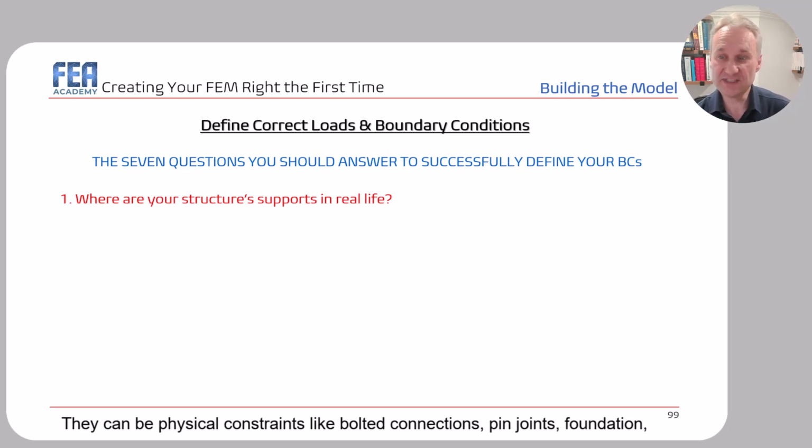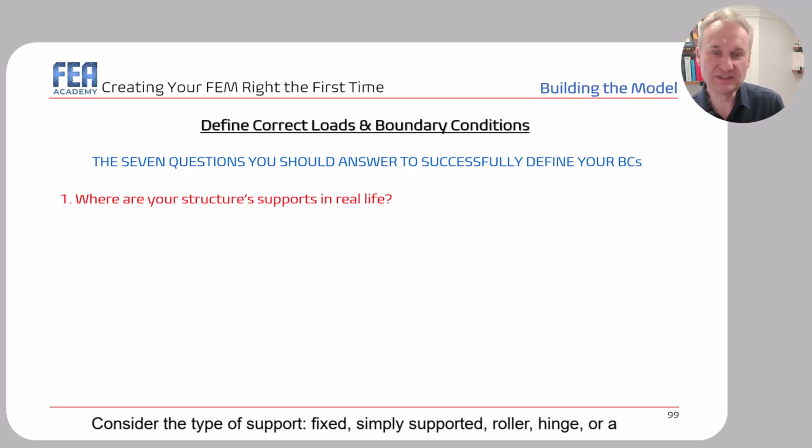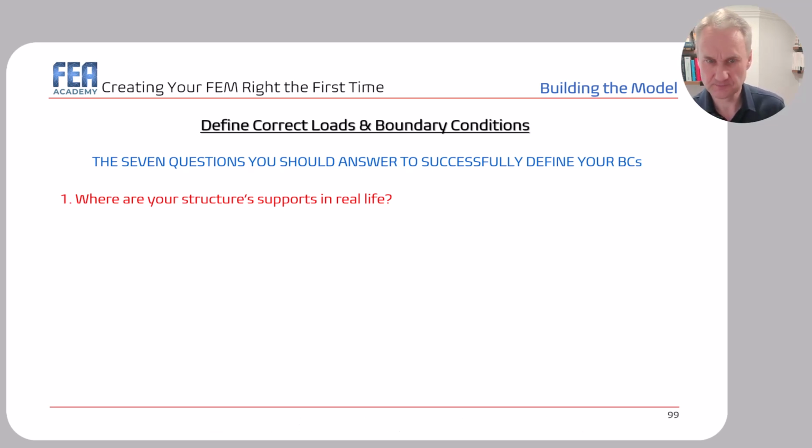They can be physical constraints like bolted connections, pin joints, foundation support, or even elastic support such as rubber mount, for example. Consider the type of support: fixed, simply supported, roller, hinge, or a combination of them.